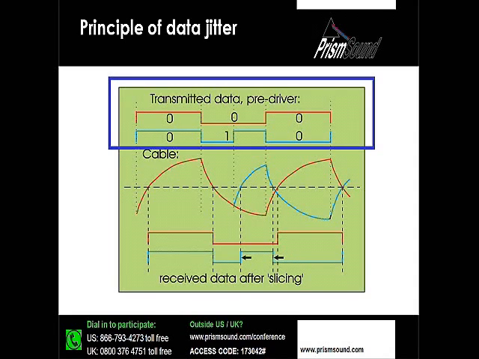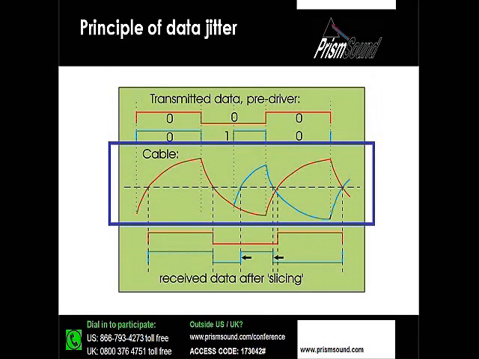Now, if we take a look at the resultant cable voltage after it's gone down, say, a poor quality cable or just a very long cable, the high frequency losses of the cable result in the familiar charging-discharging pattern at the receiver input.